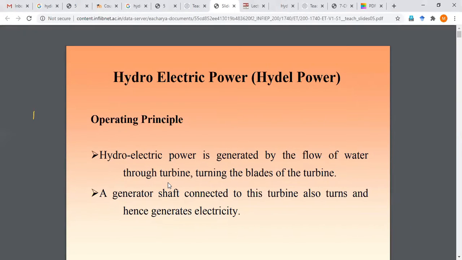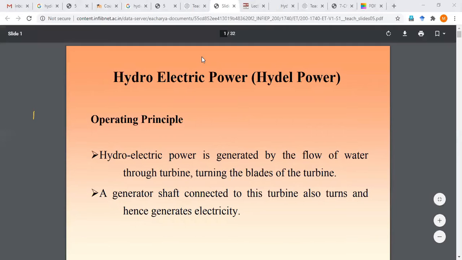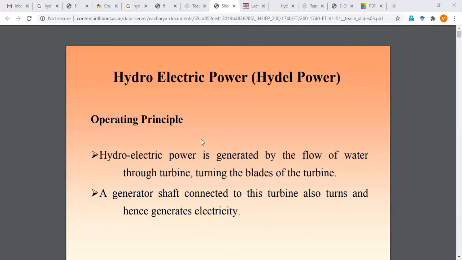As everybody knows, the turbine and the shaft of the electrical generator are mechanically coupled. So with the turbine shaft coupled to the generator shaft, the rotor of the generator will rotate.